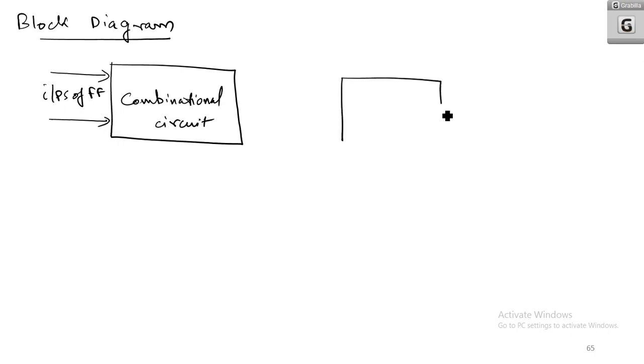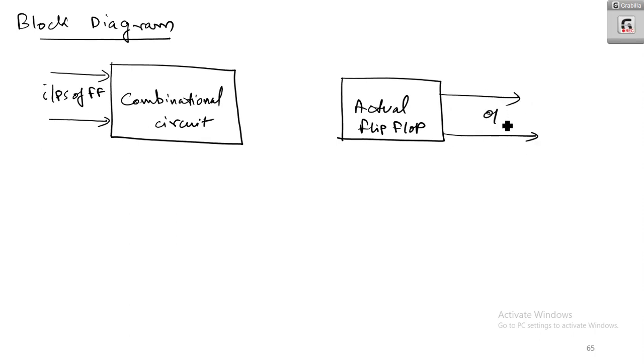After that we have the actual flip-flop. Then there we have the output of the flip-flop, the output of the required flip-flop.